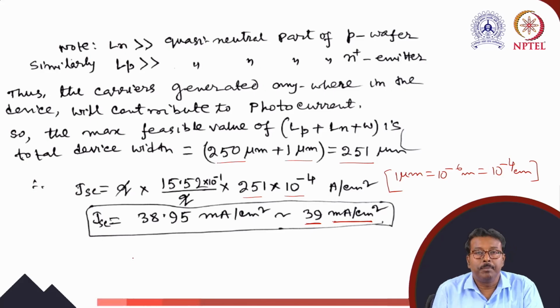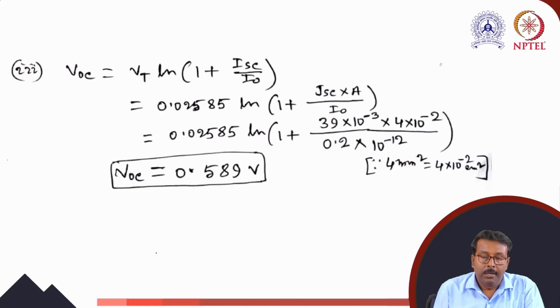Once JSC is obtained, you can calculate the VOC. The VOC formula is VT ln of 1 plus ISC by I0. In problems 8 and 9 also we have used this. So 0.025 85 ln of 1 plus ISC, which is nothing but JSC into area, by I0. The JSC value is 39 milliampere, that is 10 to the minus 3 ampere per centimeter square.